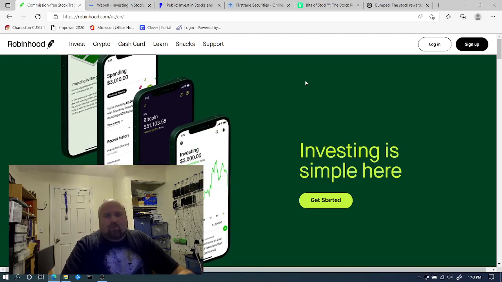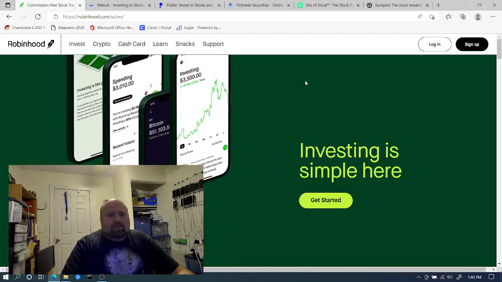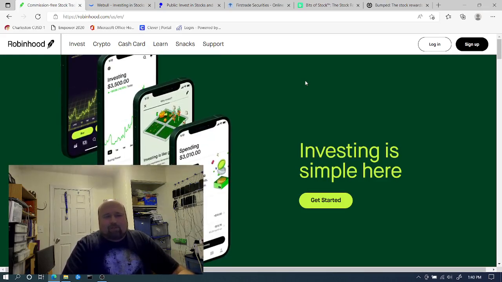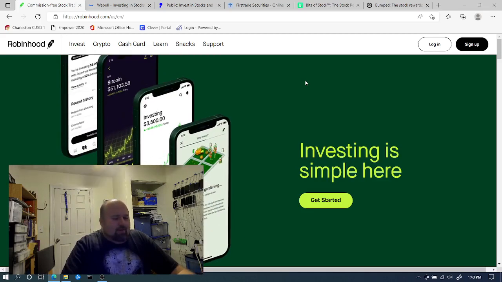I even use it for long-term holdings, because if I already know what I'm investing in, usually I'm going to sit on it for a long time, and I don't need a lot of the more advanced features for a long time hold.